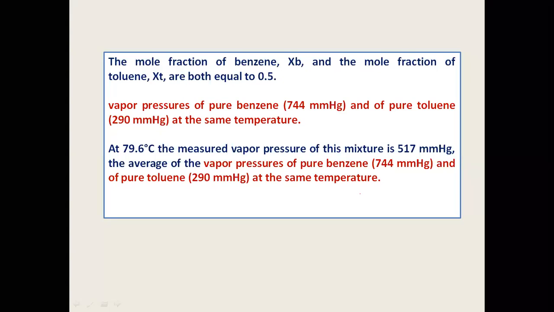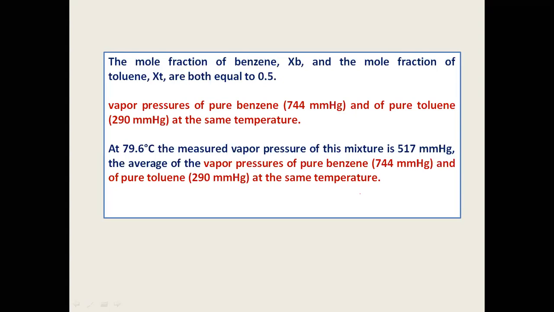You can measure it. If you measure it, you get an answer of 517 mm of Hg. What is this 517 mm of Hg? Vapor pressure of the solution. Now, if you analyze how this value of 517 has come, you will realize that 517 is simply an average of 744 and 290.